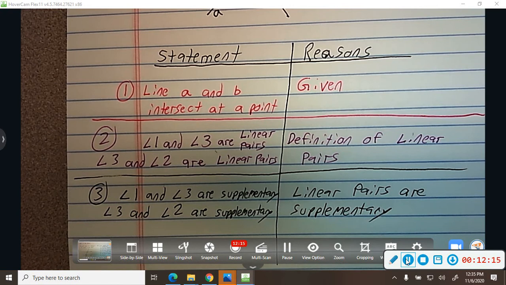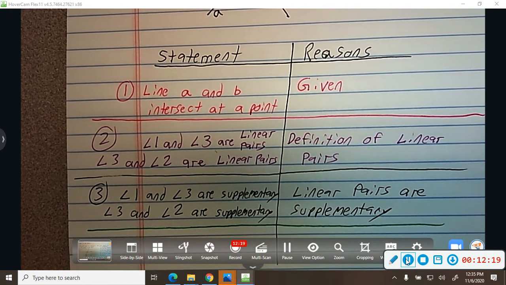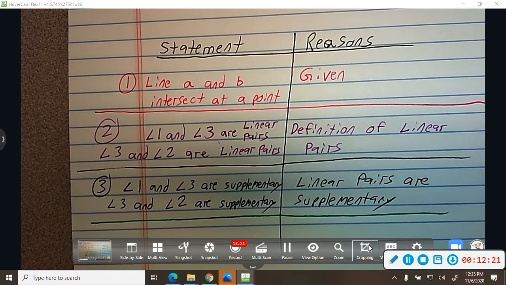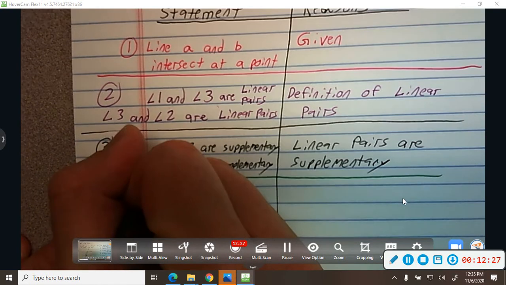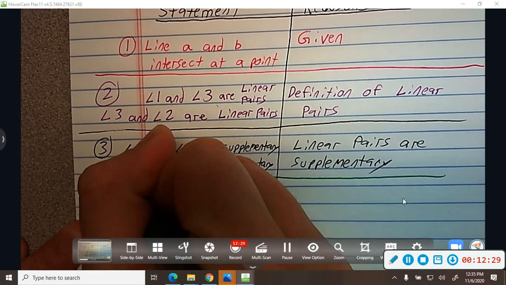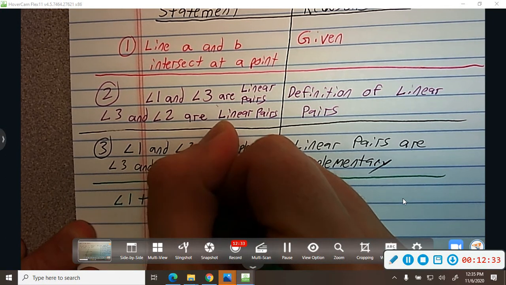Next, we're going to try to write this as an algebraic equation. So my algebraic equation, I'm going to say that angle 1 plus angle 3 is equal to 180.